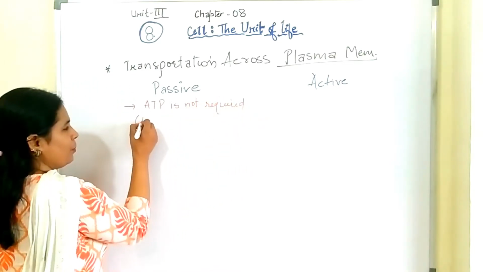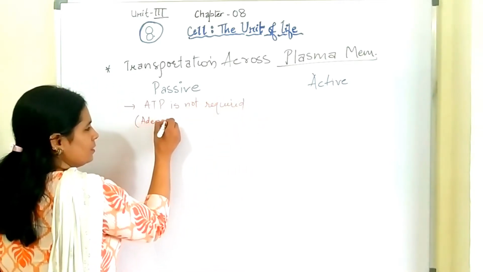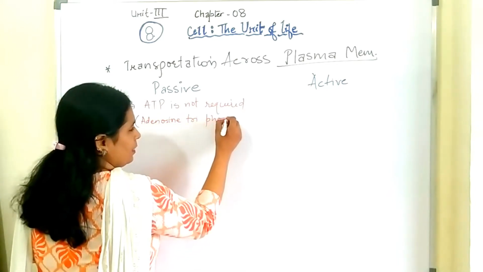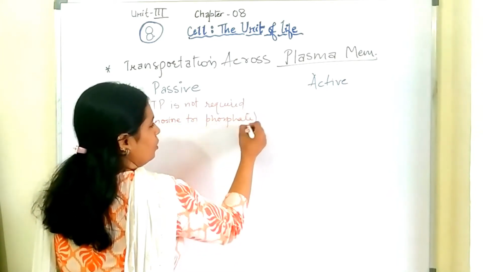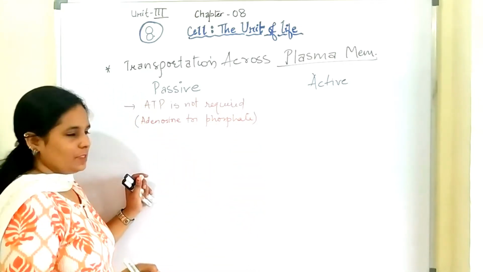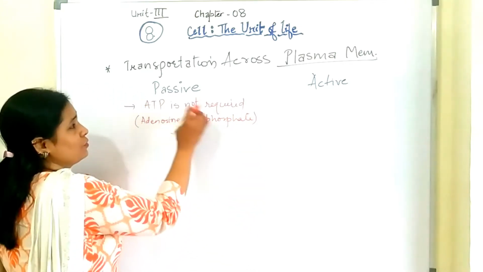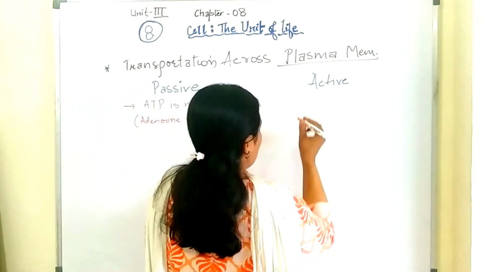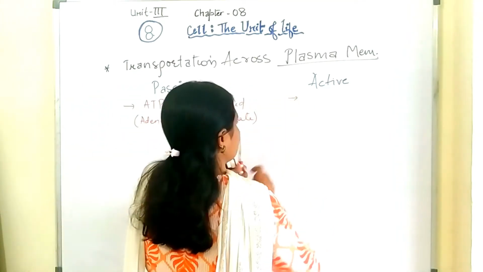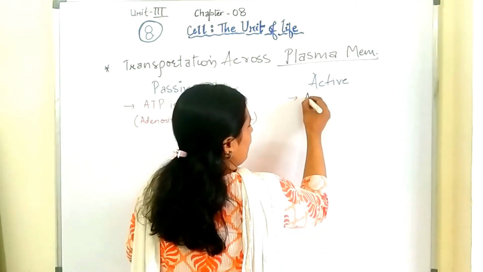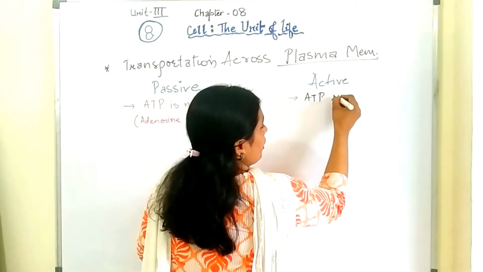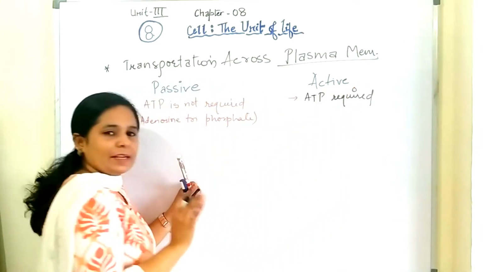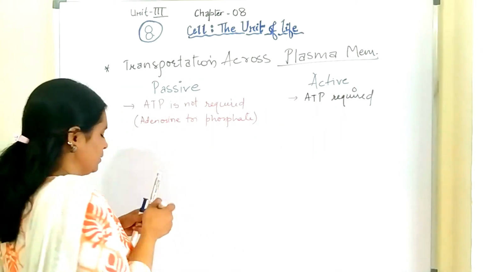ATP, if you remember, is adenosine triphosphate, an energy molecule or the energy currency of the cell. So adenosine triphosphate is not required for such kind of transportation, whereas here ATP is required. Very important. Without ATP, active transportation will not take place.